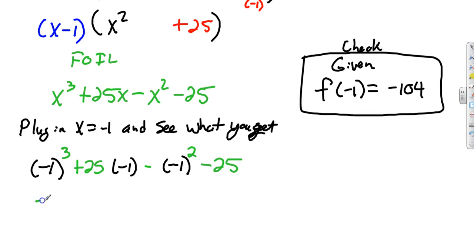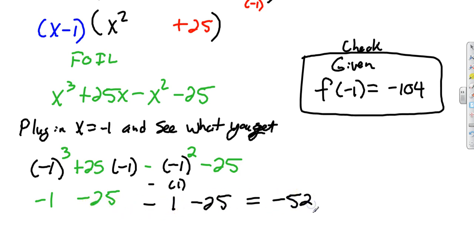Negative 1 to the third is negative 1. 25 times negative 1 is negative 25. If you did 1 squared, that would be 1. And then we've got the negative in front, so that's a negative 1, and then minus 25. Okay, so that's negative 26, negative 27, that's a negative 52.